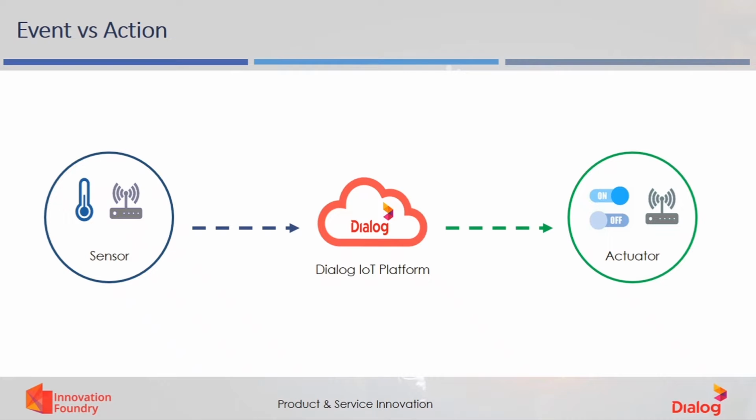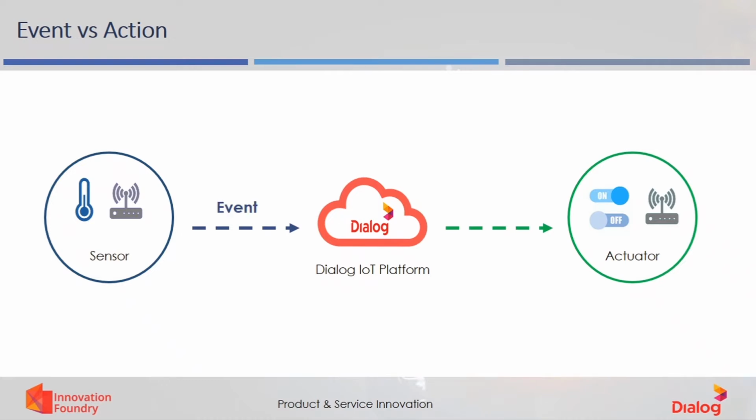I will also quickly explain what an event and action are. An event is sending a data packet from an IoT device to the platform. Let's say you have a temperature sensor. Sending the temperature data captured from the sensor to the IoT platform is an event.